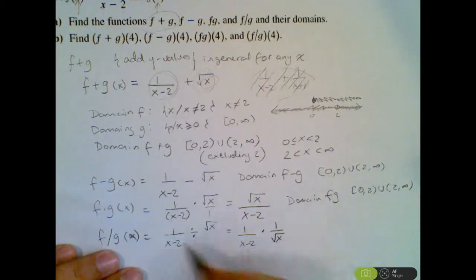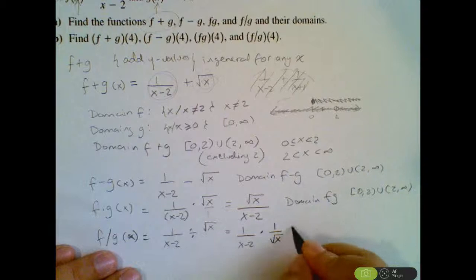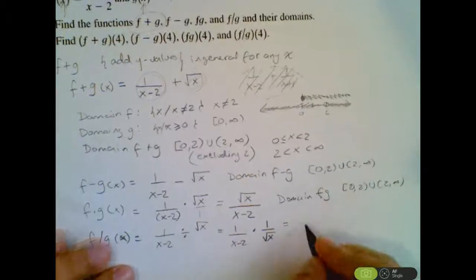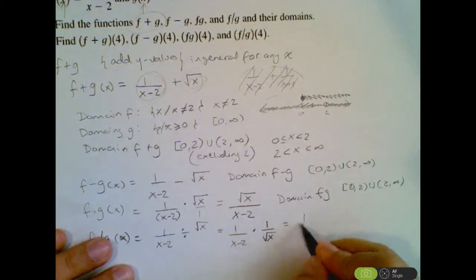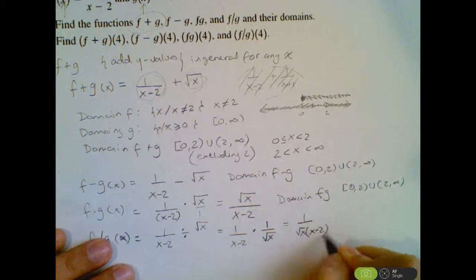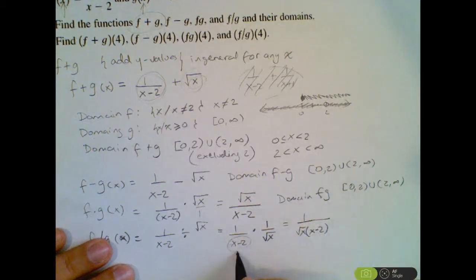So always change it to multiplication by the reciprocal. And now I just multiply across. So this is 1 times 1 is 1, and then square root of x times x minus 2. Remember that this is a quantity, so when I'm multiplying two quantities and the second quantity has two terms, you have to use parentheses. It would be a mistake to leave it without parentheses.